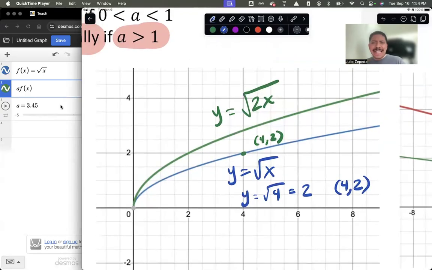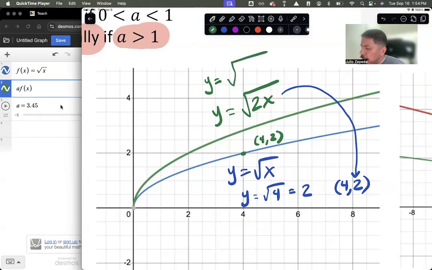When I put this multiplying by 2 inside of the function, what is that going to do? What it does is it actually changes the x values that produce equivalent y values. So let's suppose that from this function, y equals the square root of 2x, I want this value of 2 as my output. I want to see when am I going to have a y value of 2 from this new function in green? Well, I'm going to have a y value of 2 when the radicand is 4.